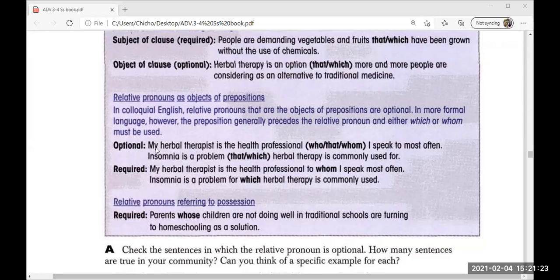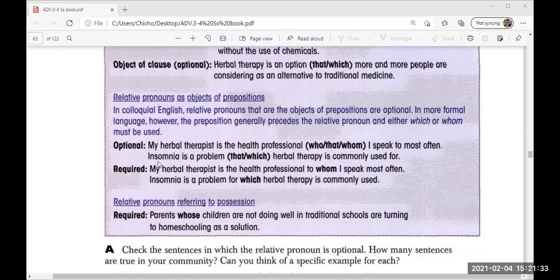Let's see here. My herbal therapist is the health professional who, that or whom I speak to most often. Insomnia is a problem which or that herbal therapy is commonly used for. Then we have here required.